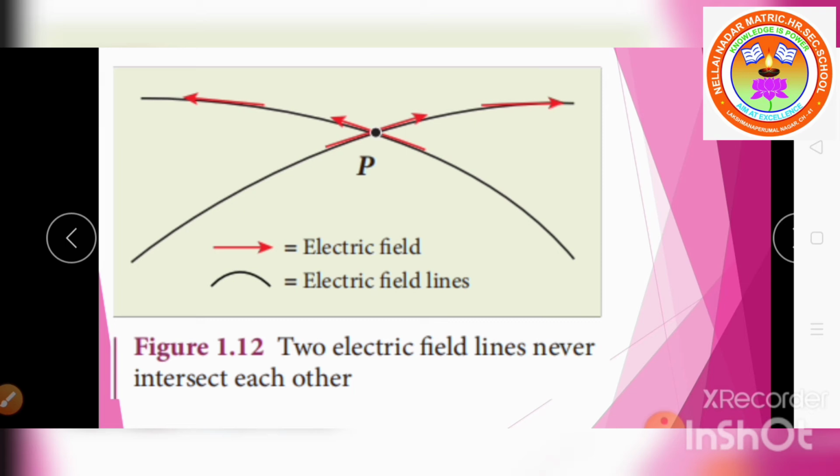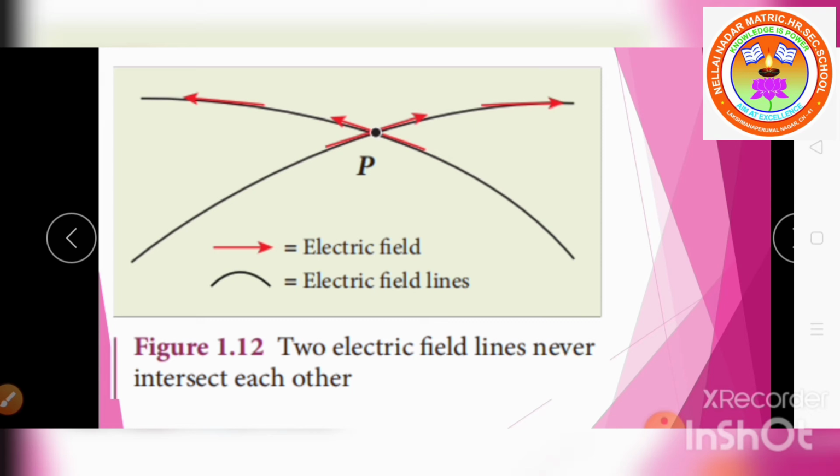If two lines cross at a point, say point P, then there will be two different electric field vectors at the same point. In the earlier case, we have only one line of the electric field. If two lines cross, it would have two directions of the electric field.